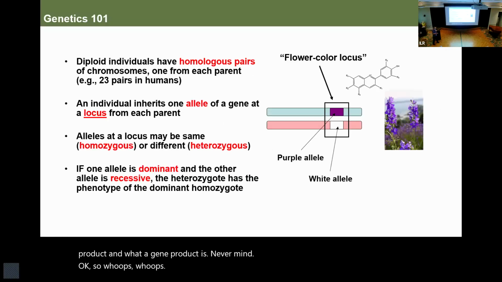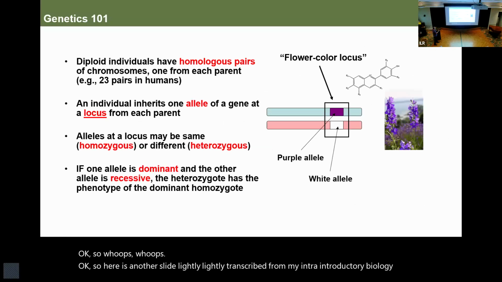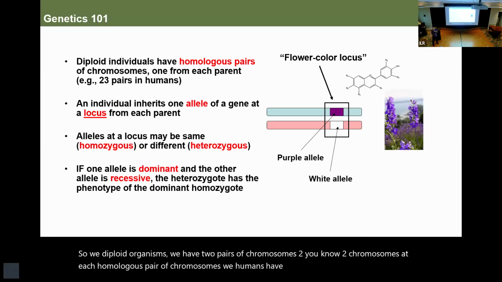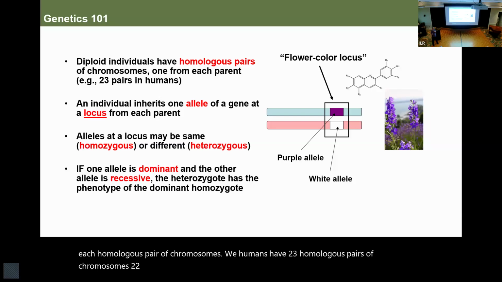Okay, so here is another slide, lightly transcribed from my introductory biology class. We diploid organisms have two chromosomes at each homologous pair. We humans have 23 homologous pairs of chromosomes, 22 autosomes and the sex chromosomes.